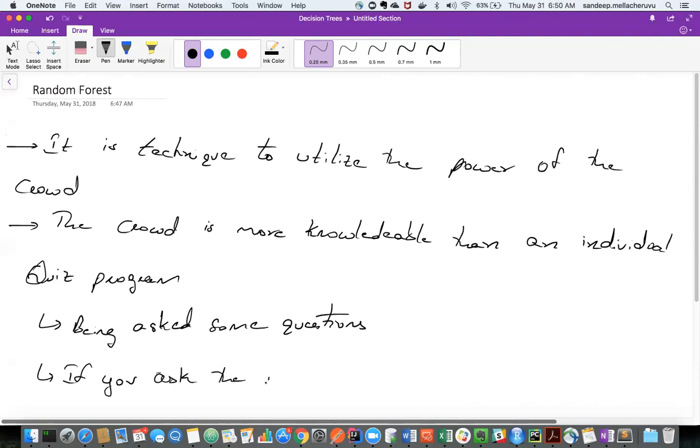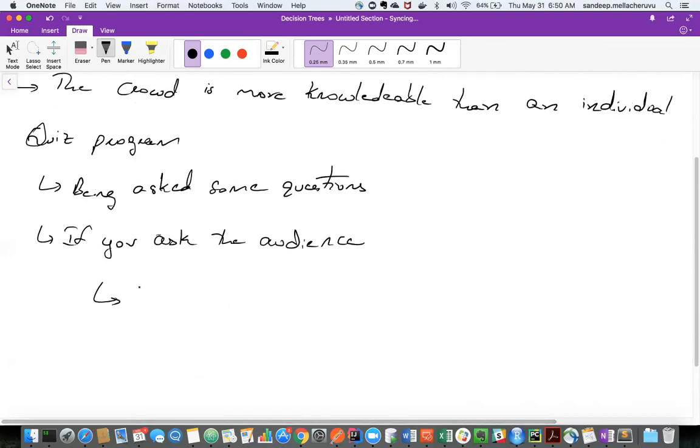If you ask the audience, they will vote on different options. Each one will have a few options to select from, maybe A, B, C, D, and each one will choose one option.